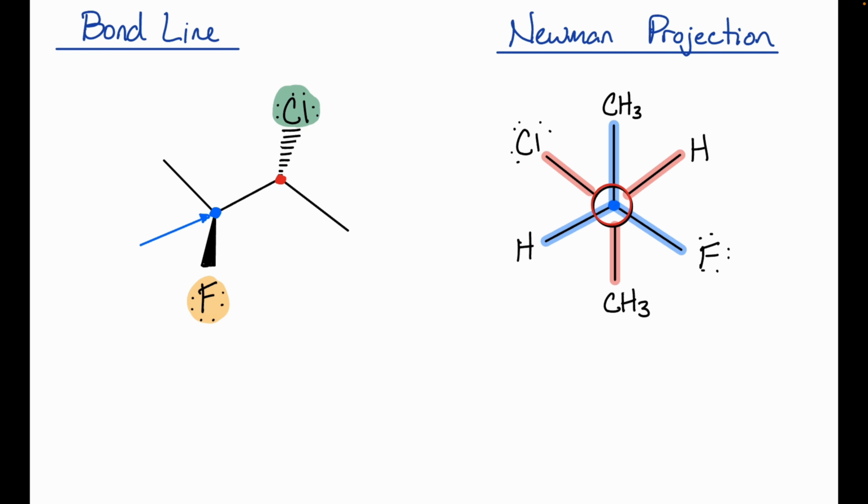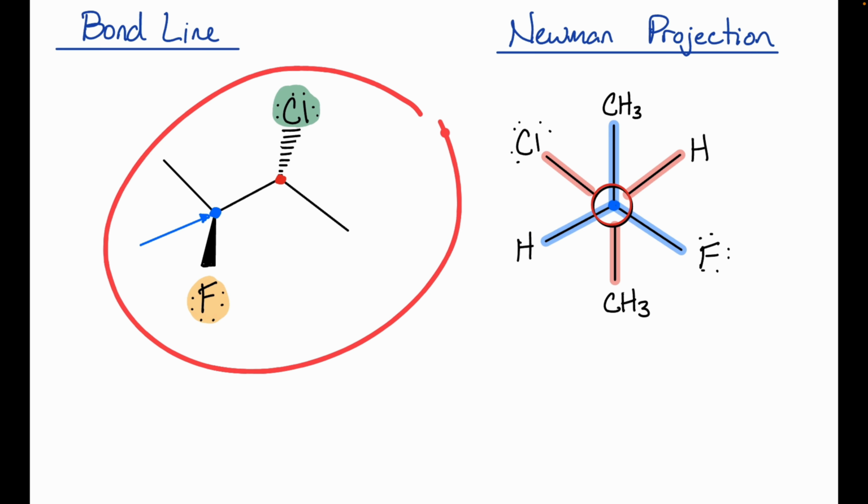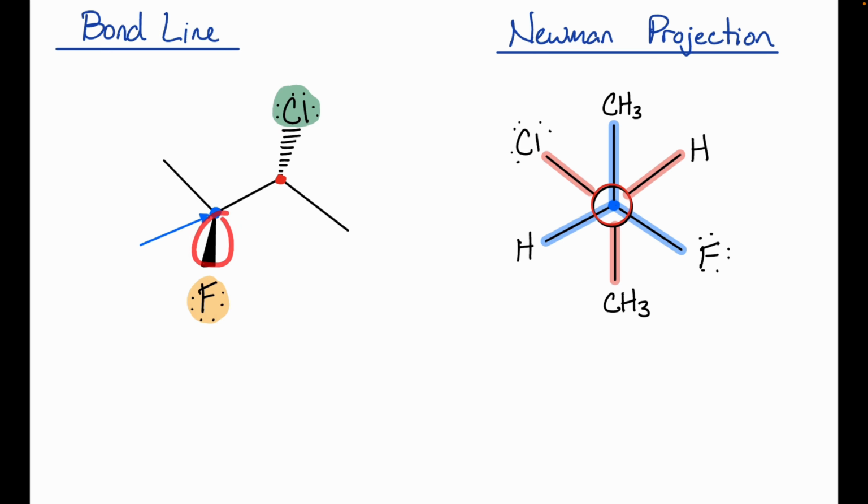Okay? So we're going to take our molecule here with its dashed and wedged bonds. The wedged bond means it's pointed out of the page, so when we turn that, it's going to be over here on the right-hand side. And our chlorine is pointed into the page, so again, when we turn it and look down that specific bond, that means it's over here on the left-hand side.